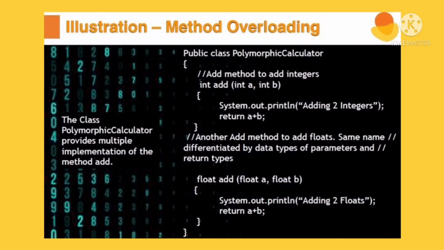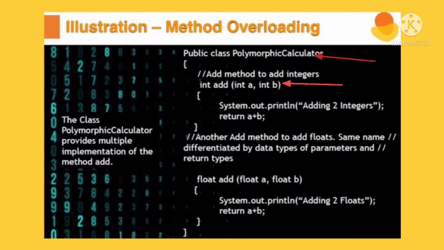Here there is a class named polymorphic calculator. This class has a method named add. This method takes two integer values, integer a and b, adds these two integer parameters and returns an integer value.